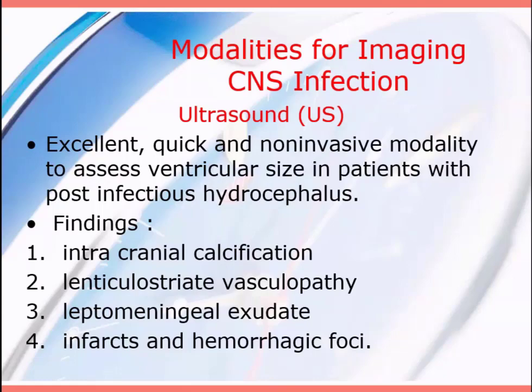So it is excellent, quick, and non-invasive modality to assess the ventricular size, especially with patients with post-infectious hydrocephalus. The findings that can be found are intracranial calcification, lenticulostriate vasculopathy, leptomeningeal exudate, infarct, and hemorrhagic foci.